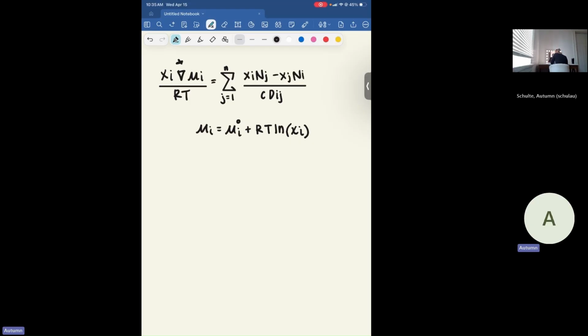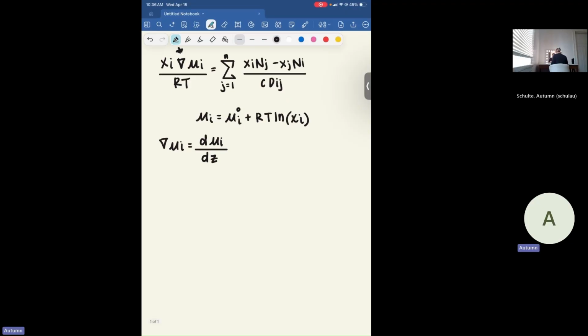And we have this gradient of our chemical potential, and that gradient tells us that this is going to be a change in chemical potential over a position. So this is the gradient of our chemical potential, and that is equal to the derivative of our chemical potential, or a change in chemical potential over position.